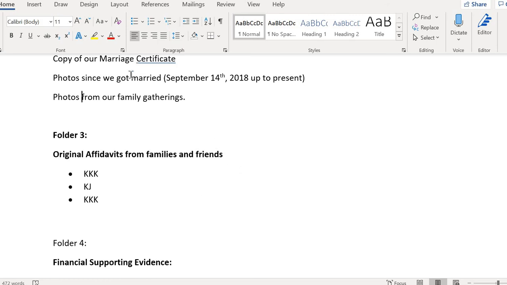And basically I can even show you a sample of those affidavits as well. Our affidavits are from my husband's families, and we are also including photos from our family gatherings with them. Just a second.